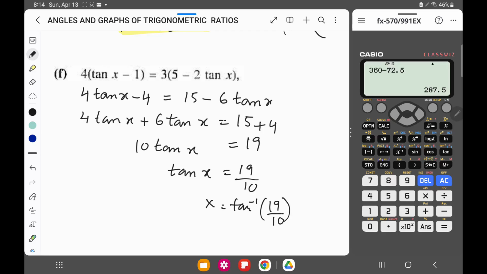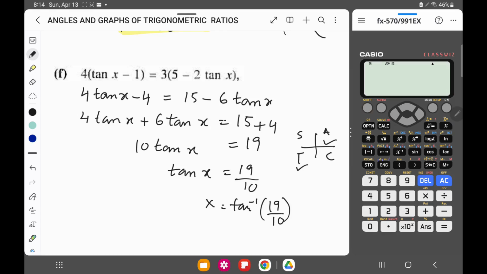So remember, tan positive is in CAST here in the first quadrant, and in the third quadrant, meaning 180 plus. So let's find out the answer for the angle.